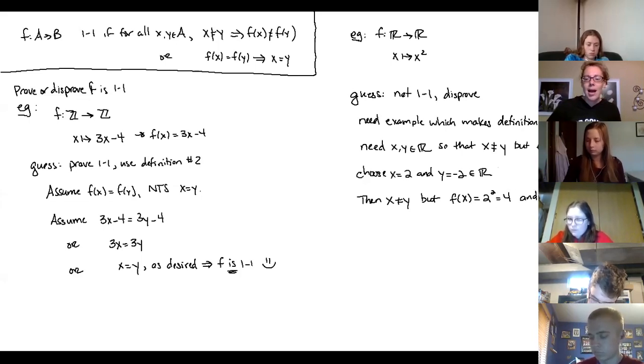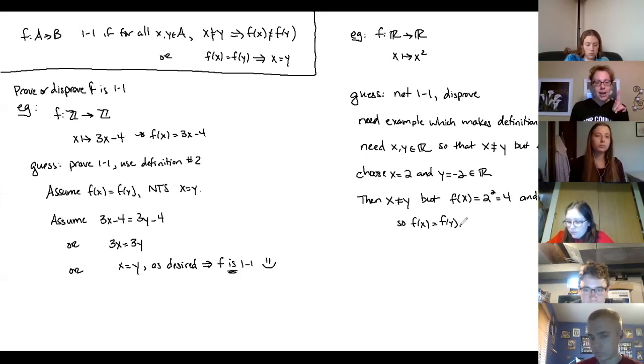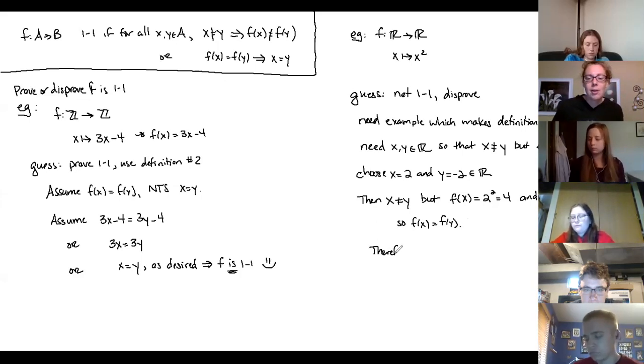And f of y is -2 squared, which is 4. So f of x is equal to f of y. So 2 steps. I found a counterexample, x equals 2, y equals -2, and then I showed that my counterexample worked. Find a counterexample, show that it works. And so we can say, therefore, f is not 1-to-1.